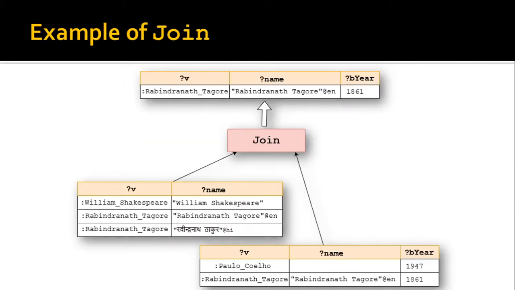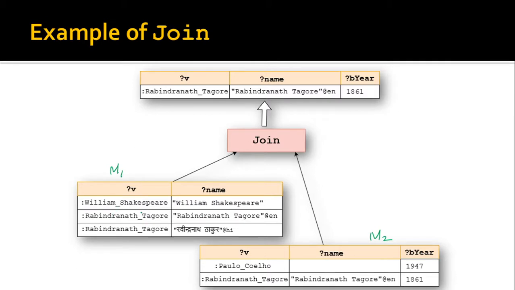Now coming to the next operator, which is join. In join, you have to have two solution sets, M1 and M2. What would be the output of this? Let us look at the solution sets. You have William Shakespeare, and the name is William Shakespeare.